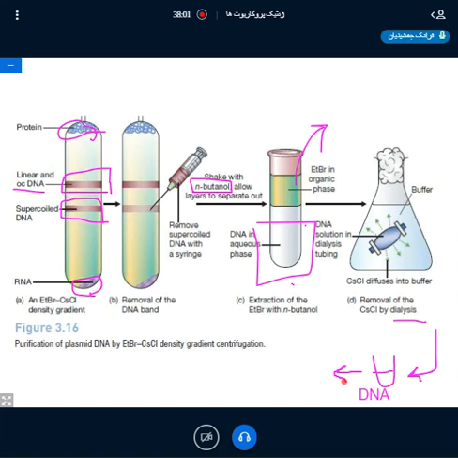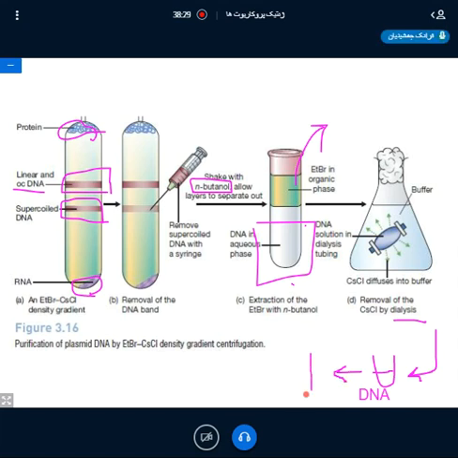Remember? All of you. I think you don't prepare the lessons, you don't read. I told you for concentration of DNA, we add cold absolute ethanol.